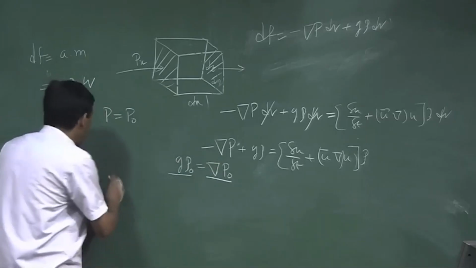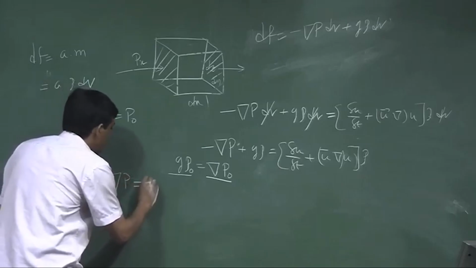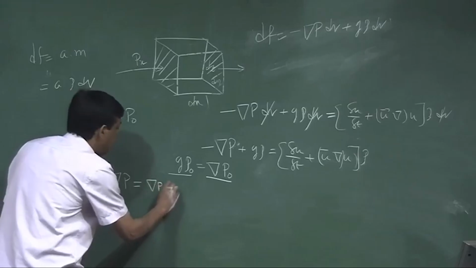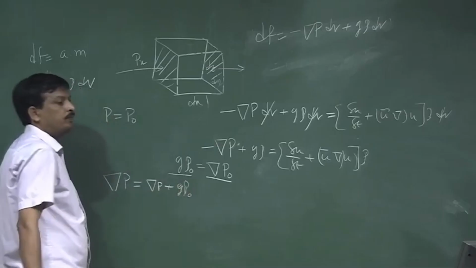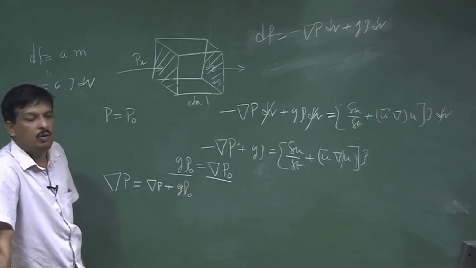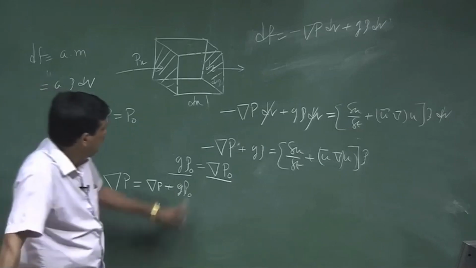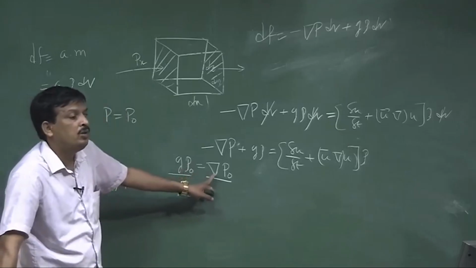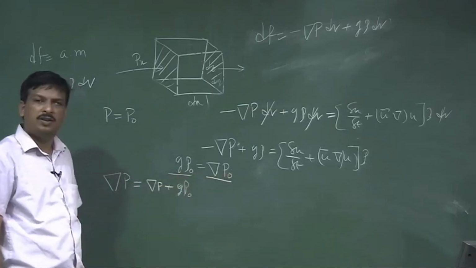Okay. So the total pressure ∇P is equal to ∇ small p plus G rho0. When the acoustic excitation is not there, gravitational force multiplied by the equilibrium density is equal to ∇P0. Okay, gravitational force.